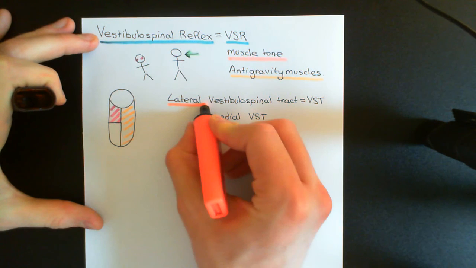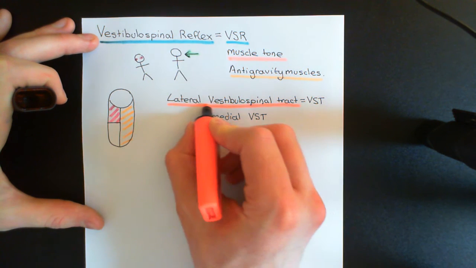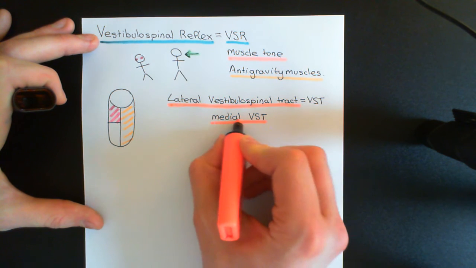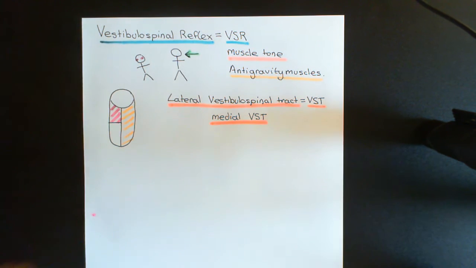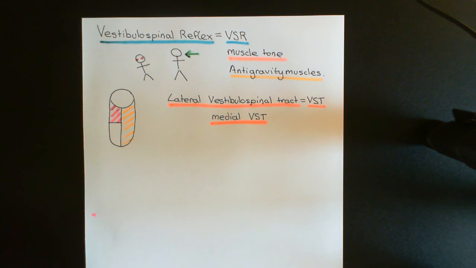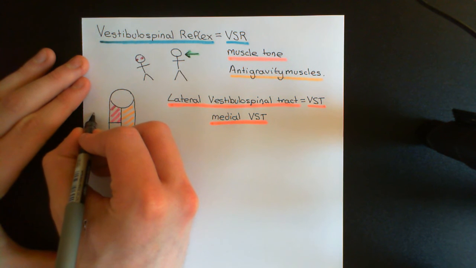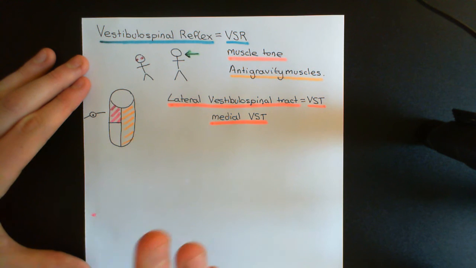Okay, so the lateral vestibular nucleus, it will send its second-order neurons into the lateral vestibulospinal tract, and the medial vestibular nucleus, it will send its neurons that are going to be part of this vestibulospinal reflex into the medial vestibulospinal tract. So this all makes nice sense. Okay, so let me just draw a little bit of this on. So let's say we've got our bipolar neuron here. Okay, and this is one of these bipolar neurons that's going to be activated by you tilting.